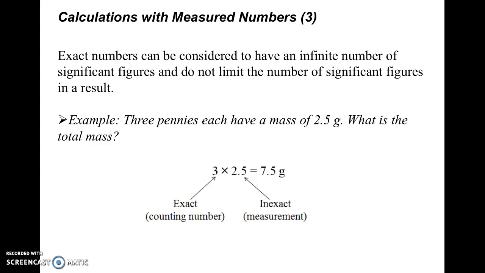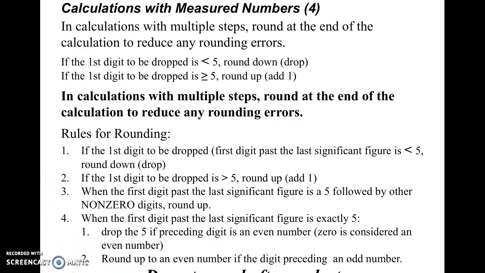So 3 has an unlimited number of significant figures. Our mass of 2.5 grams has an uncertainty, and so when we multiply those, our least number of significant figures is in the 2.5, so our answer can only have two significant figures as well.